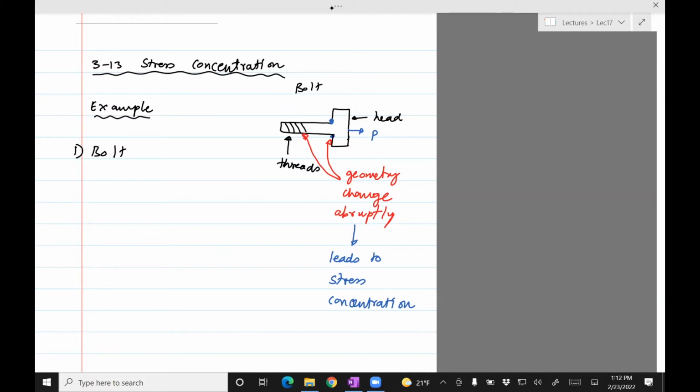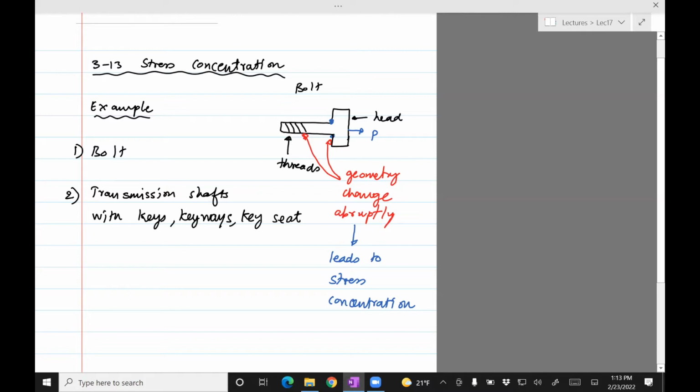The other examples of places where you will see stresses are transmission shafts, where there are keyways, key seat.